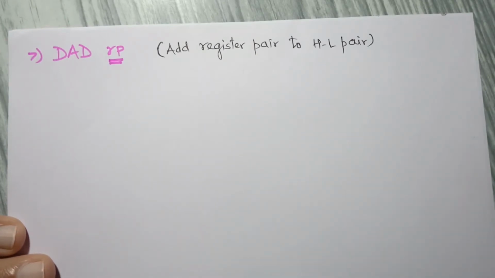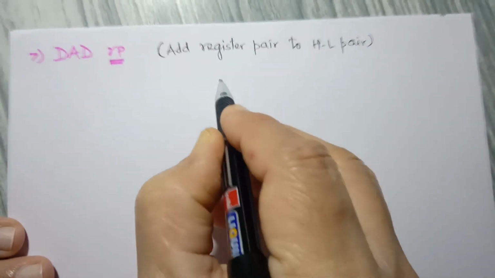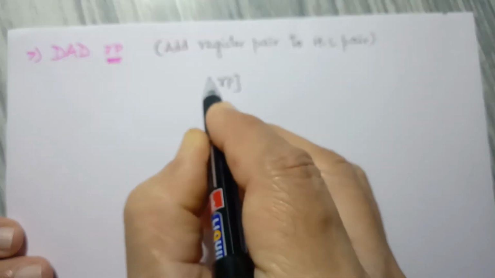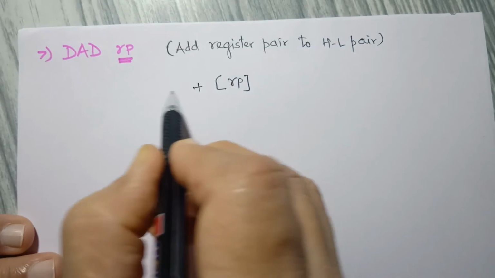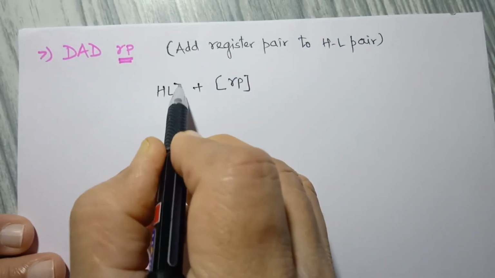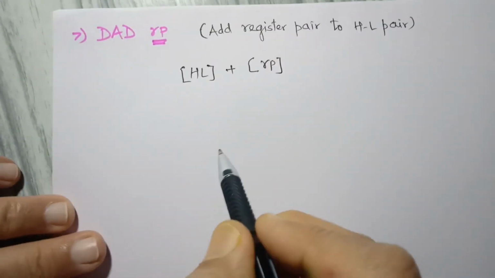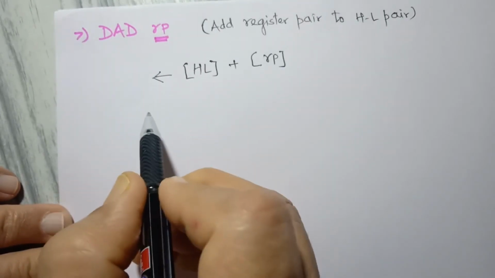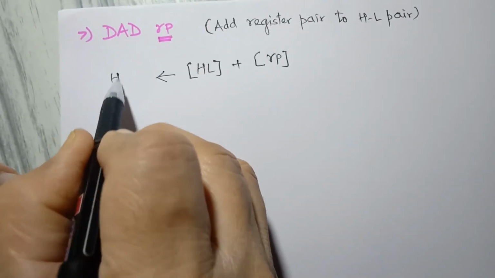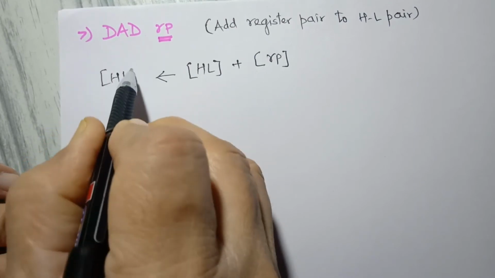That means the contents of the specified register pair, which are 16-bit, are added to the HL pair, which is also 16-bit, and whatever the sum is, that result is placed into the HL pair.